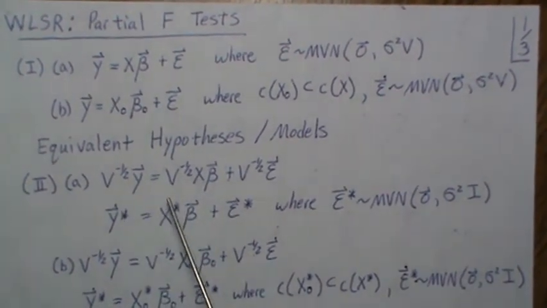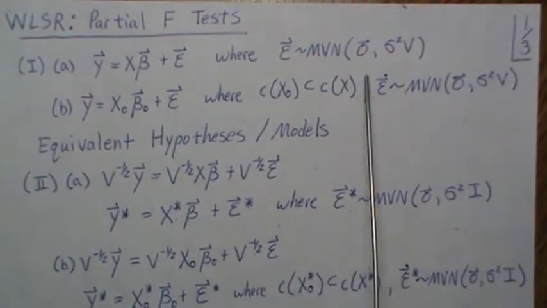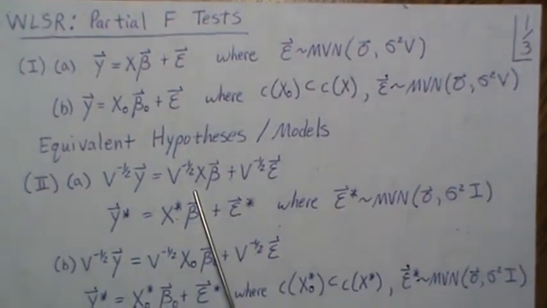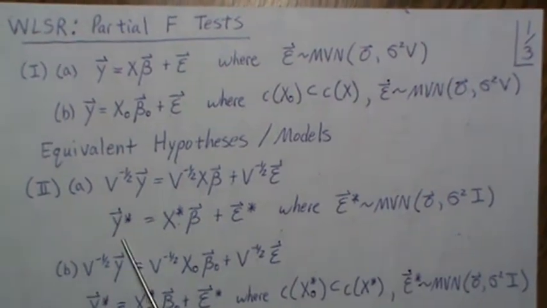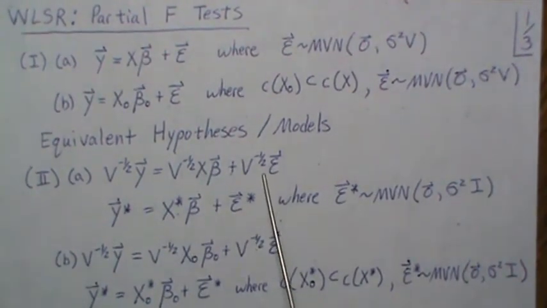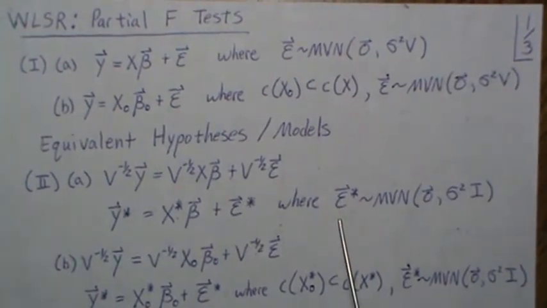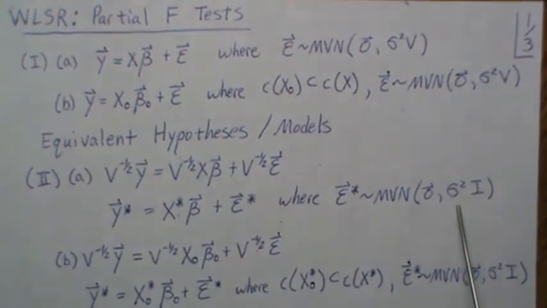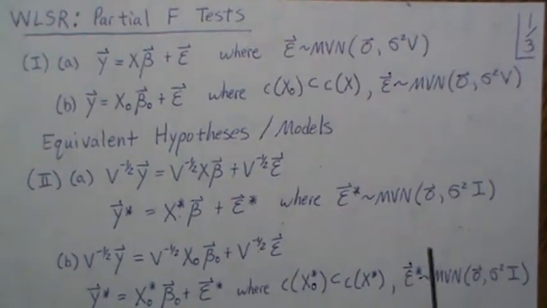We pre-multiply by the inverse of the square root matrix of V. I have a video called the square root matrix if you want to learn more about that. Then we just generically write this as y*, X*β + ε*. It turns out now that ε* is multivariate normal with mean zero and variance-covariance matrix σ²I, where I is the identity matrix.